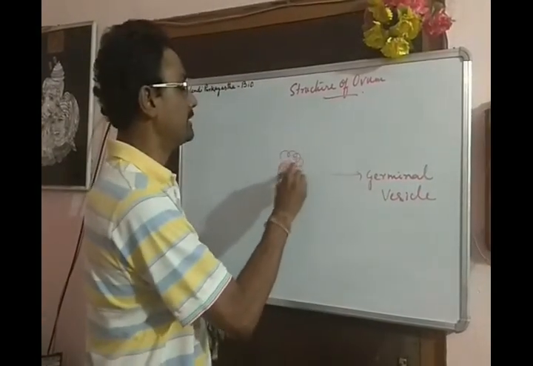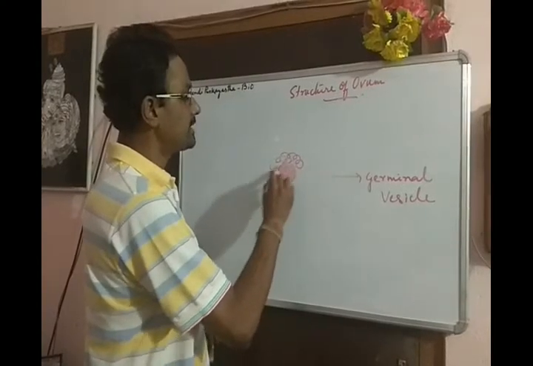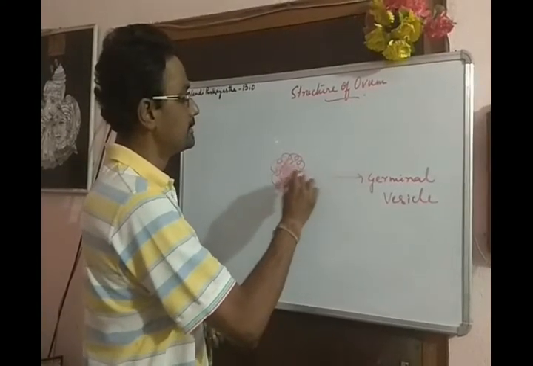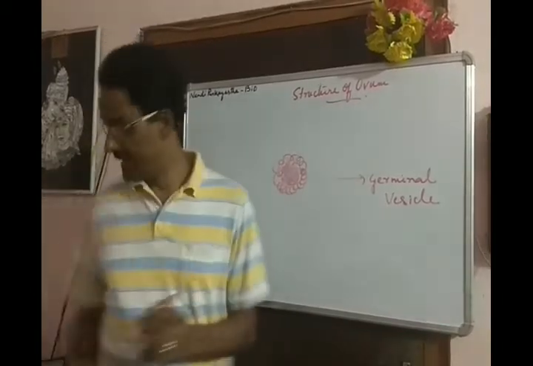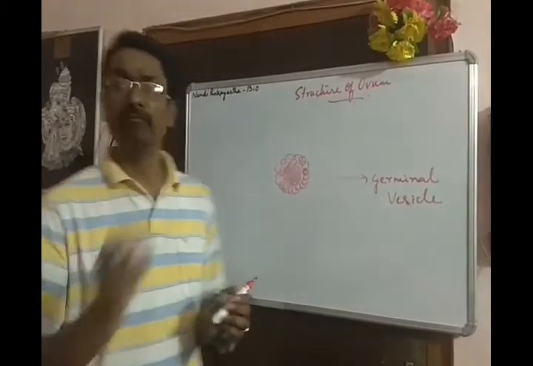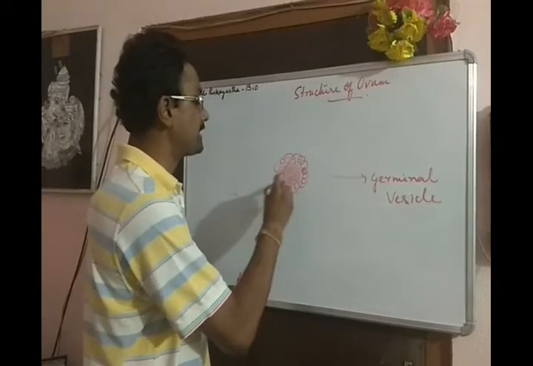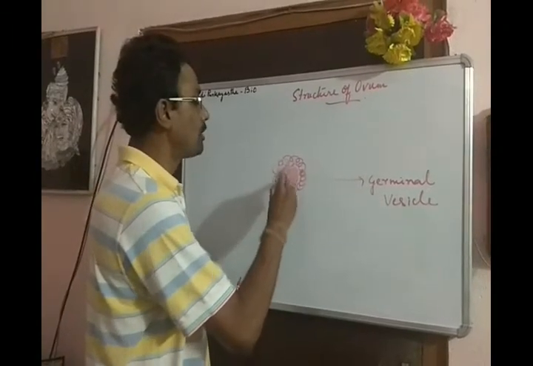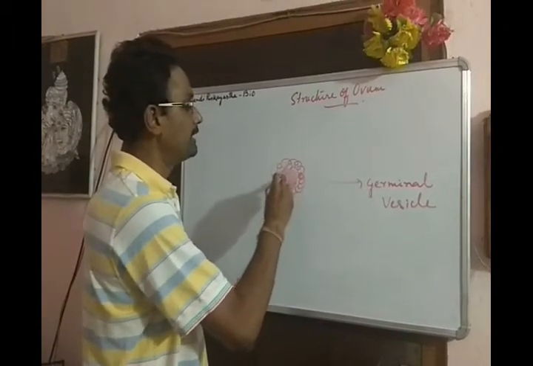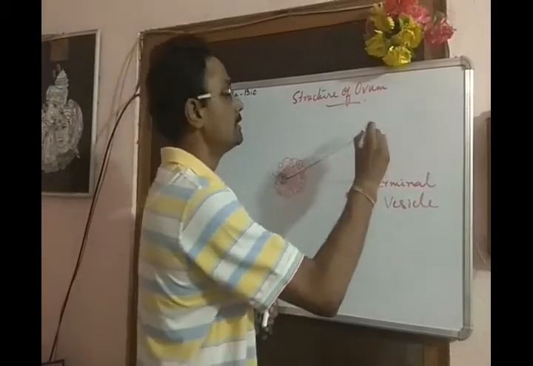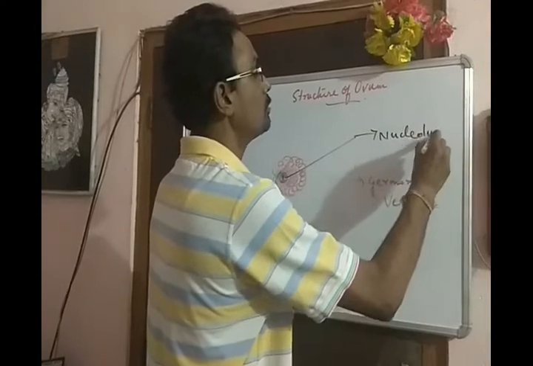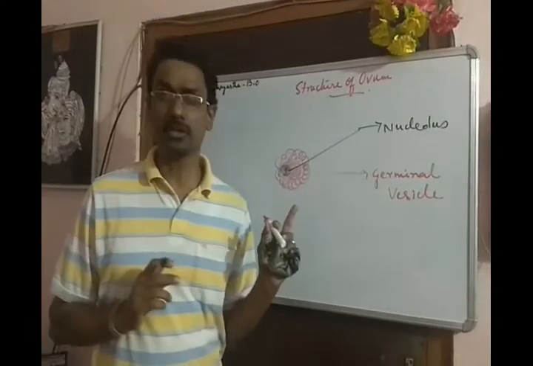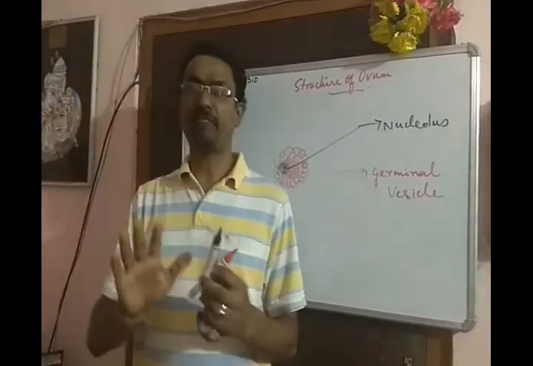Nucleus is very big. This nucleus is having also a very large nucleolus here. This one is what? Nucleolus. Center of the nucleus is what? Nucleolus. Understood? So these two things we are finding.